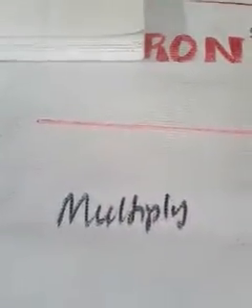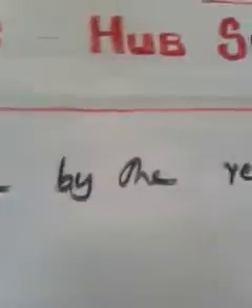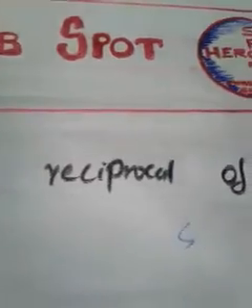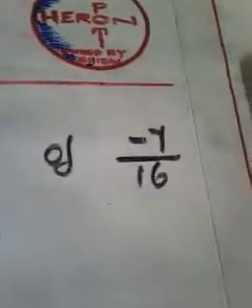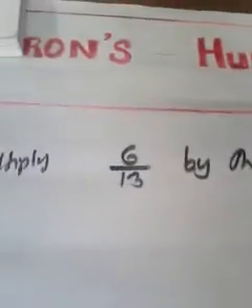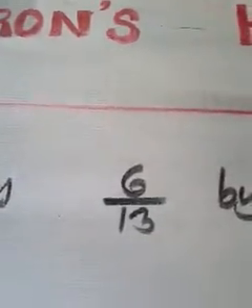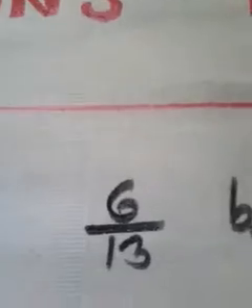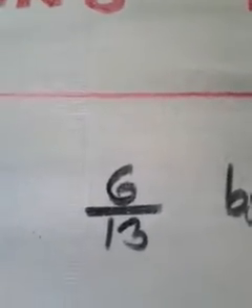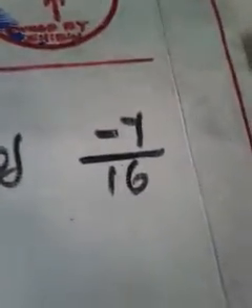So don't get confused. The question is not to multiply 6 by 13 with minus 7 by 16. You have to multiply the numbers 6 by 13 and the reciprocal of minus 7 by 16.